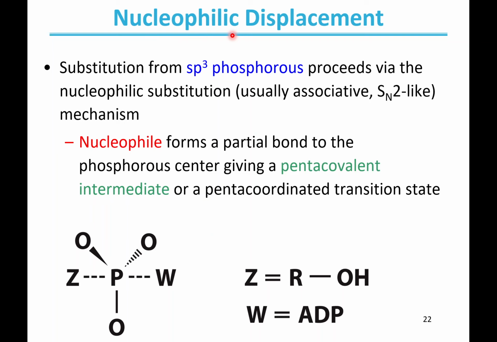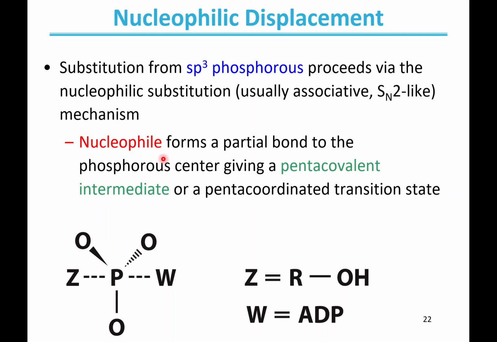And so this group transfer, and phosphate in particular, occurs via a nucleophilic displacement. The phosphorus is sp3 hybridized, and it proceeds like a nucleophilic substitution. This is referred to as an SN2-like mechanism from organic chemistry.